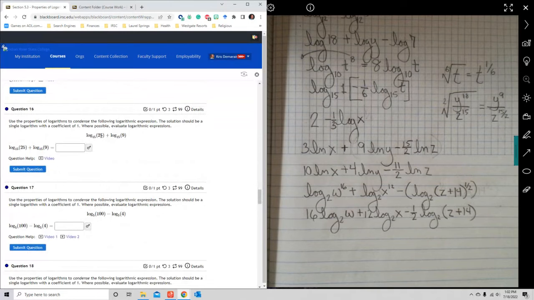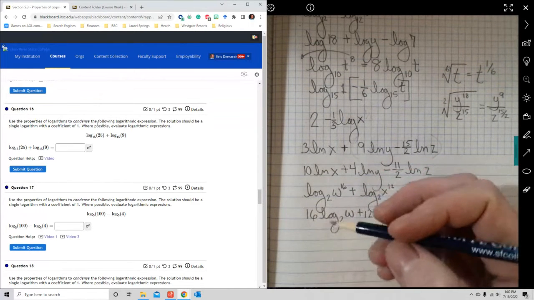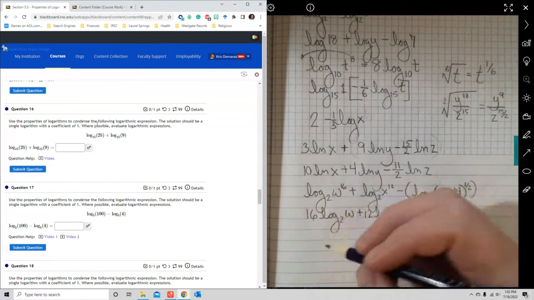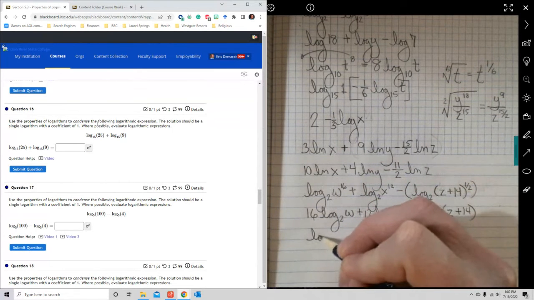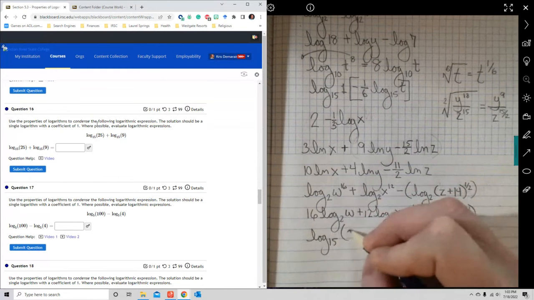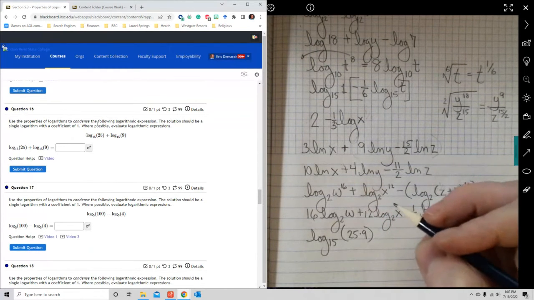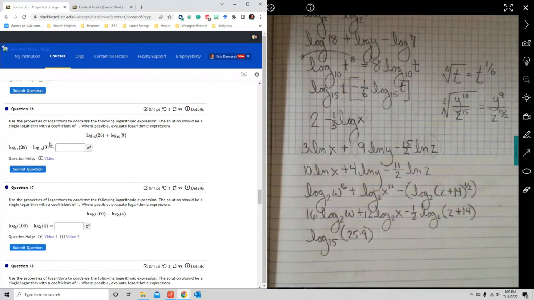All right, now you go into using properties again. Now we're condensing them, so you're going in reverse. You're slamming on the brakes and going in reverse. If you're condensing it, you're looking at the idea that there's multiplication going on here. So it's just going to be log base 15, and then you can write it out as 25 times 9 if you want, or you can multiply it out in your calculator.